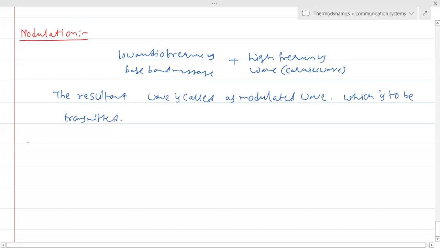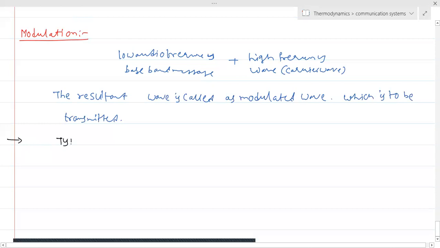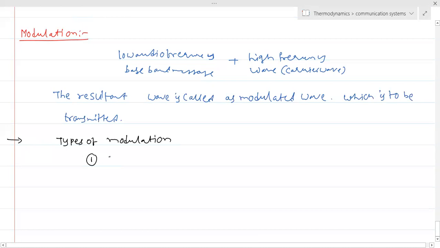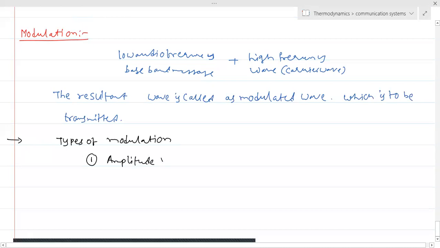So here we have three kinds of modulation. So we are taking types of modulation. The first one is amplitude modulation. This is very famous. Amplitude modulation. It is called as AM.